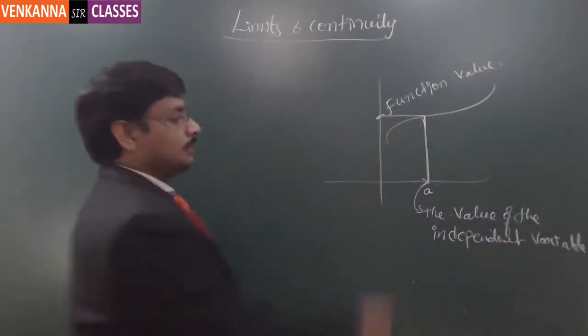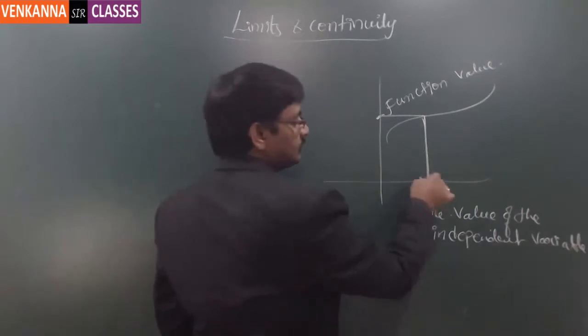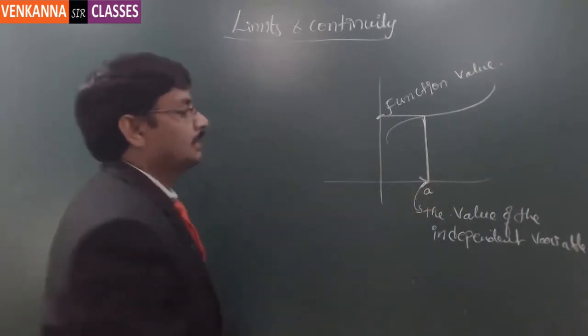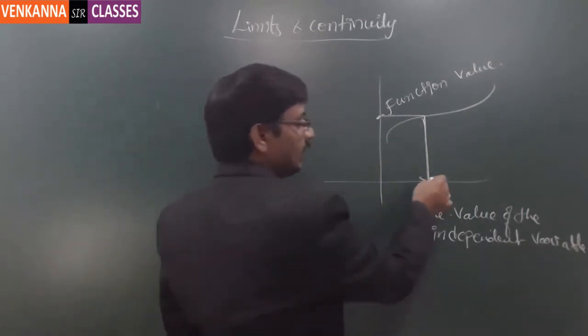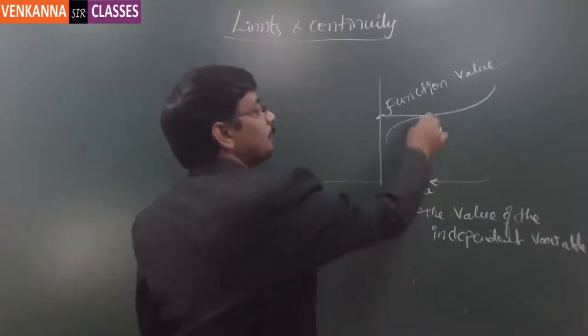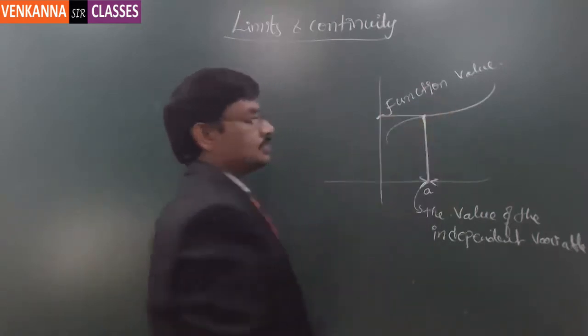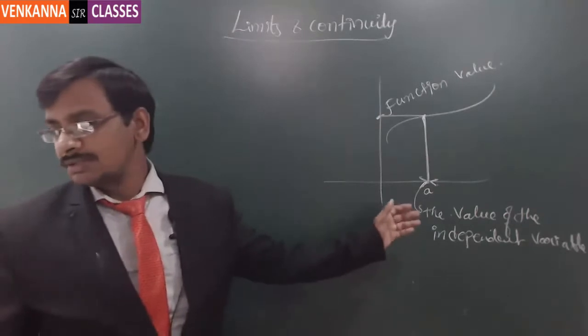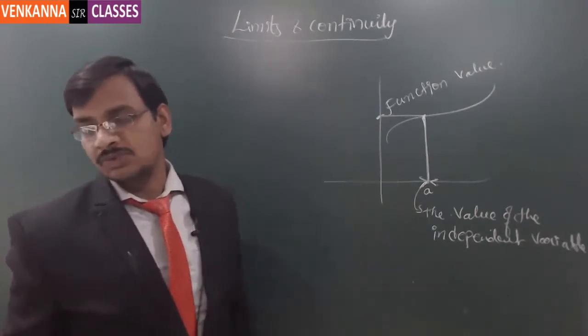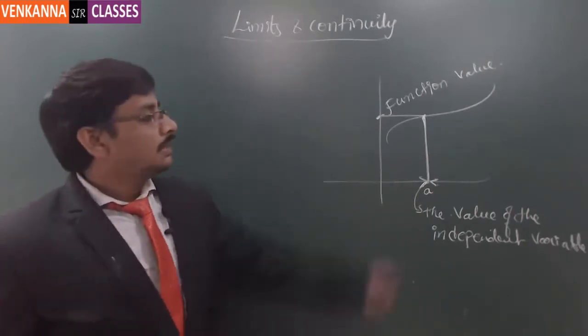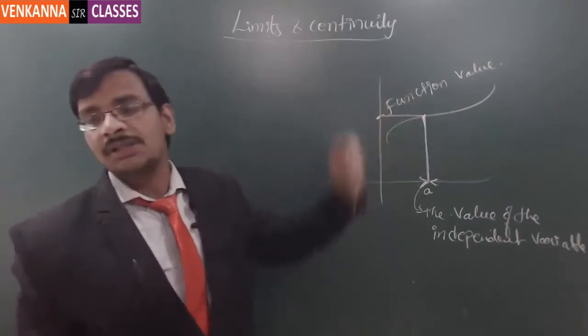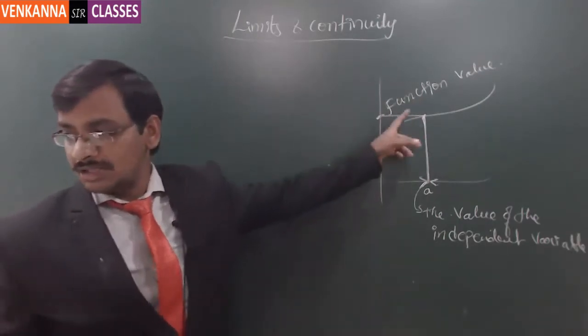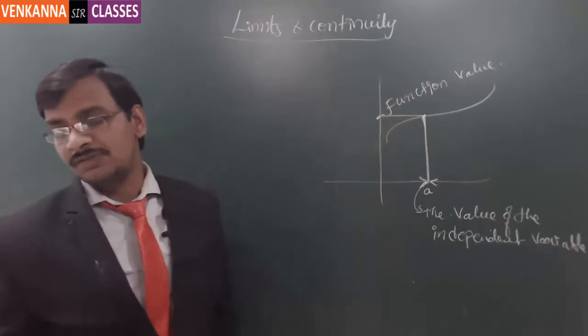Now, if I am approaching from the left side, this is what we call the left limit. And if we approach from the right side, in both cases, if I am approaching the same value of y. Here, approaching is measured with respect to x, which is the domain, and the resultant value is the range, or the value of y, or the value of the function.